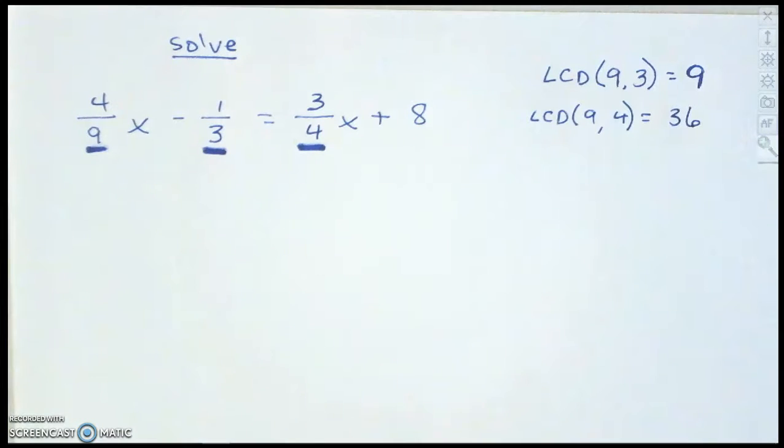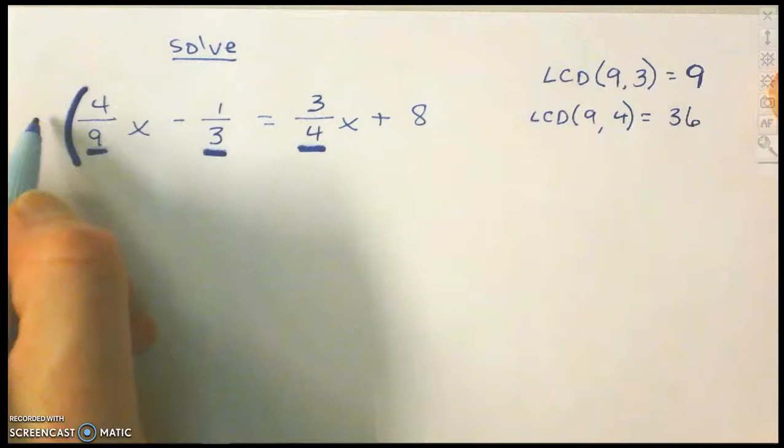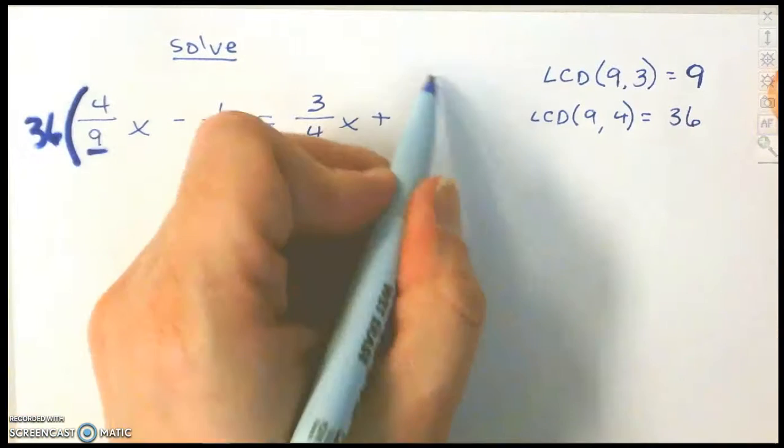So what we're now going to do is multiply every piece by 36. Because when I multiply every piece by 36, that is going to remove all of our fractions. So let's go ahead now and multiply everything by 36.